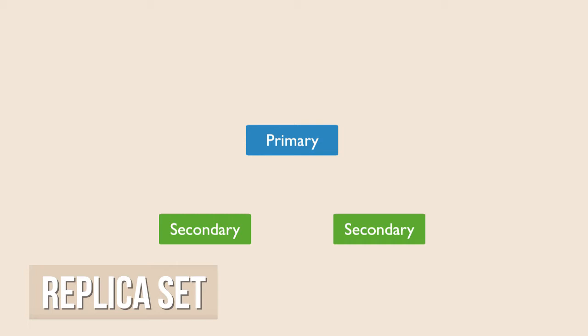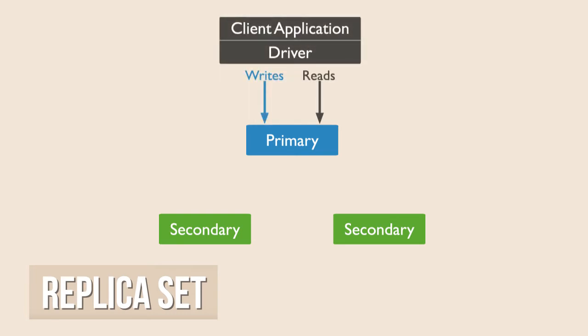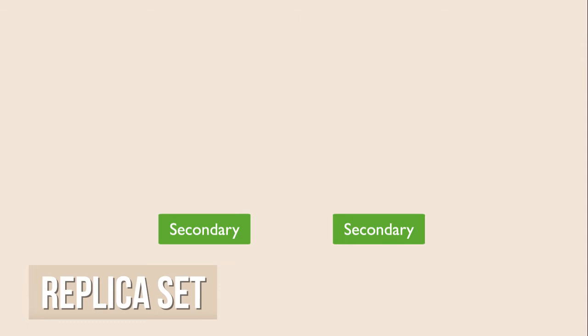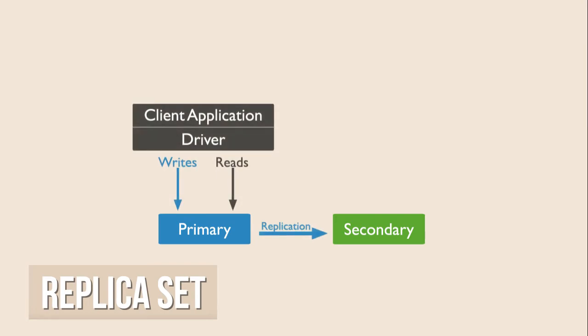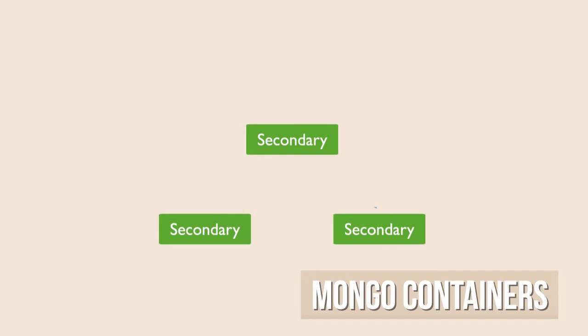The primary will be the instance to which you can send write and, by default, read requests, and the secondaries will be kept in sync with the primary. Whenever a primary is down, a secondary can start the process of becoming a primary so that the service is restored. Let's start with our 3 Mongo containers.